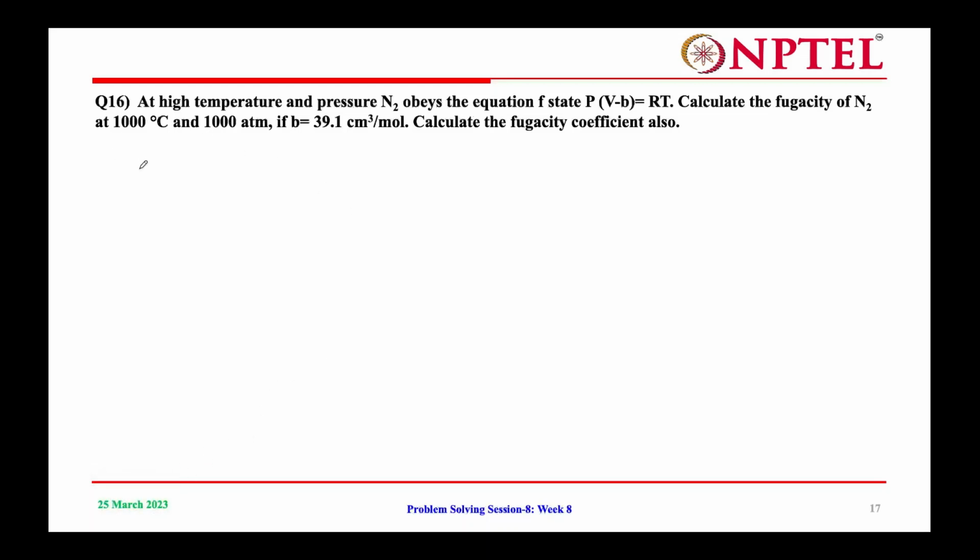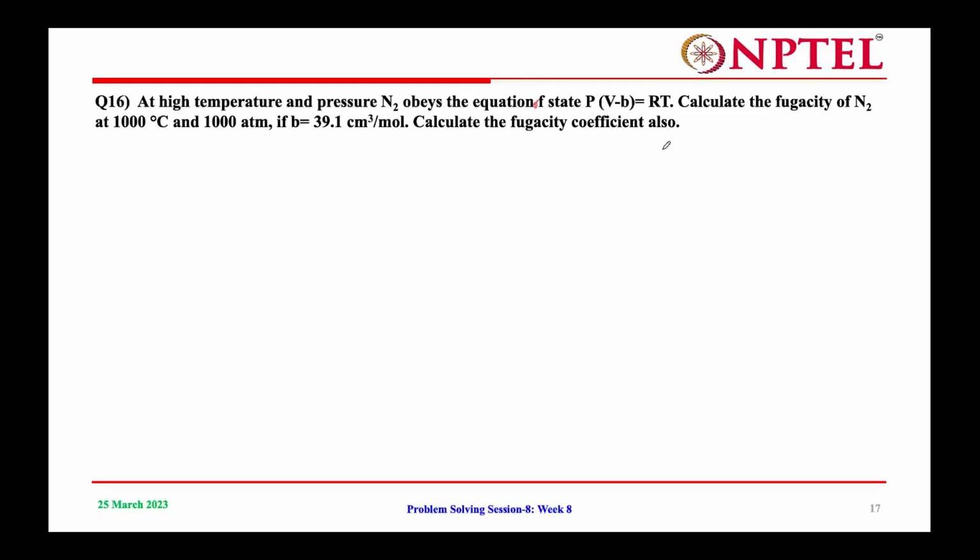Now question number 16. At high temperature and pressure, N2 obeys the equation of state P into (V minus b) equal to RT. Calculate the fugacity of N2 at 1000 degrees Celsius and 1000 atm pressure if b is equal to 39.1 cubic centimeter per mole.